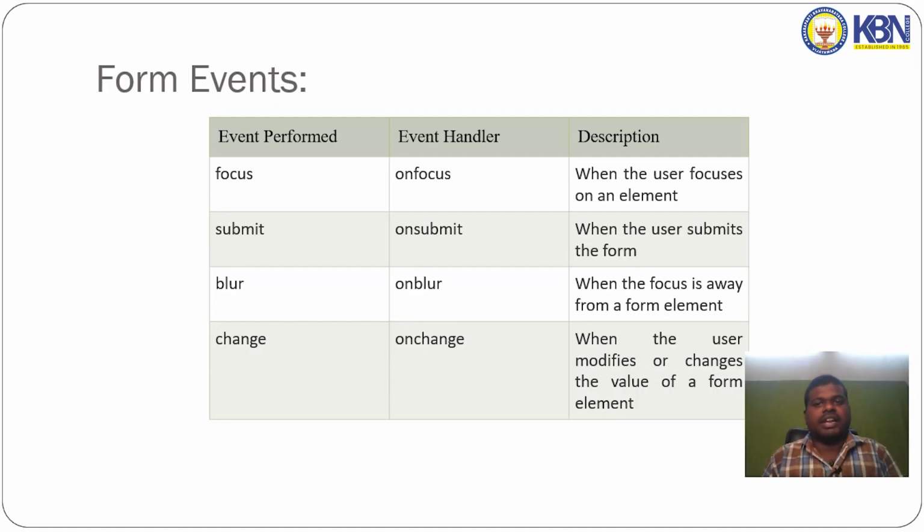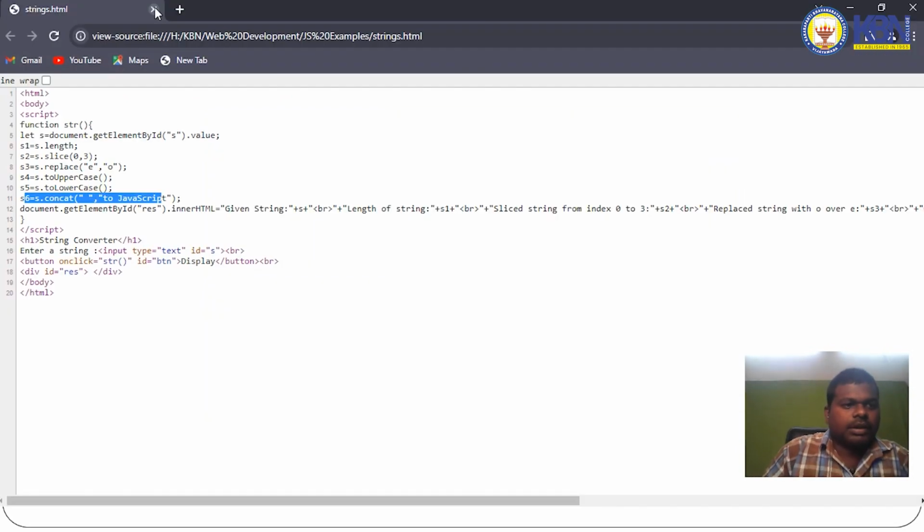I would like to show you an example for it. After that we will end the session, right? Now you may ask me, sir, why did you bring us back to the strings application? We have already completed it. You can see here when a button is clicked, on click means what? If I click the button, then it should go to a function called str. So where is str, guys?